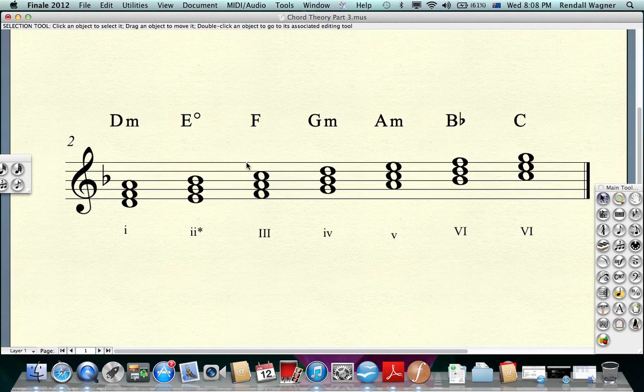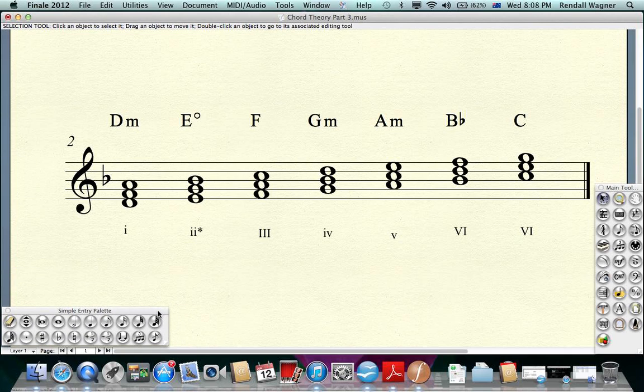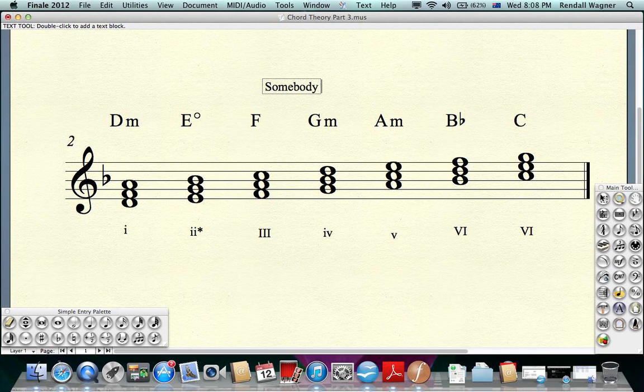Now, why have I done D minor? The reason why I've done D minor for us is so we can have a comparison with a song called Somebody I Used to Know.